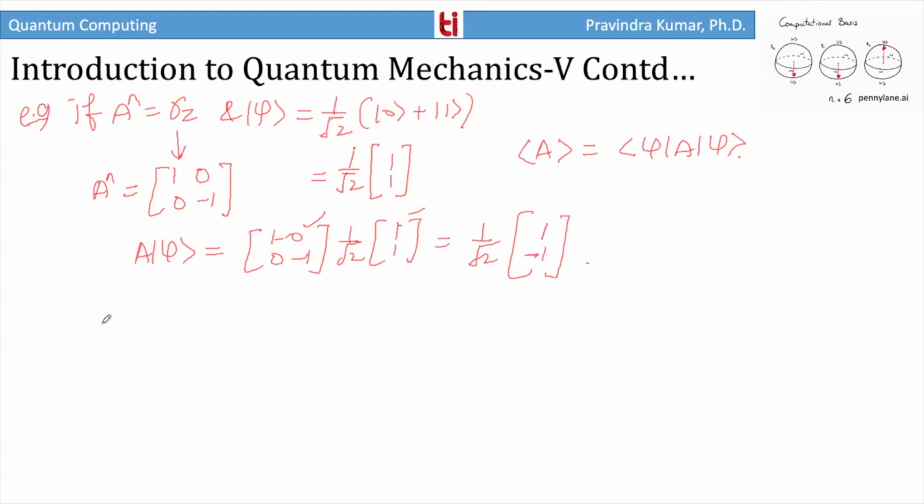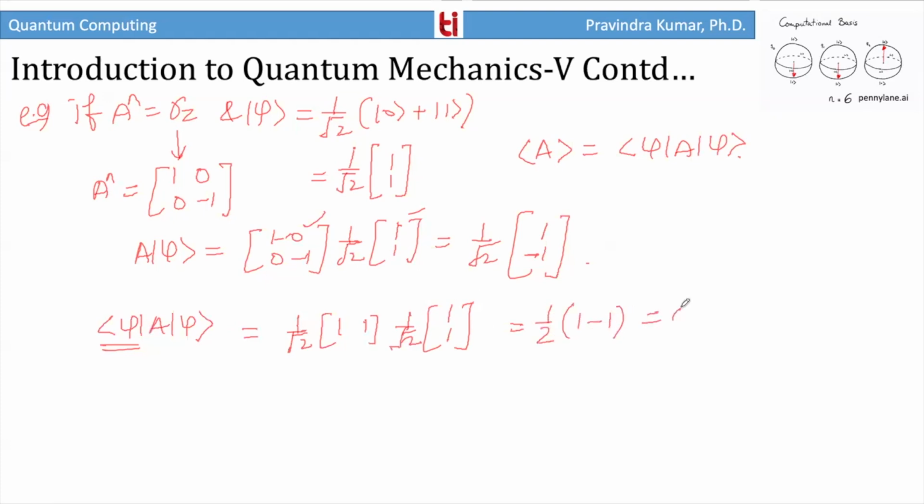Now the product of bra psi and A ket psi. Bra psi is the row matrix 1 by root 2 times [1 1], multiplied by 1 by root 2 times [1; -1]. So you will get 1 by 2 times (1 minus 1), and it is 0.